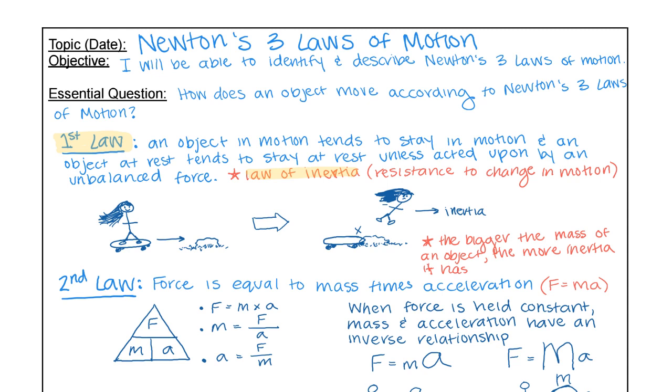So when we talk about inertia, let's use this example of this girl on her skateboard. So she's skateboarding. So this is her motion here. Right, she's in motion, okay?